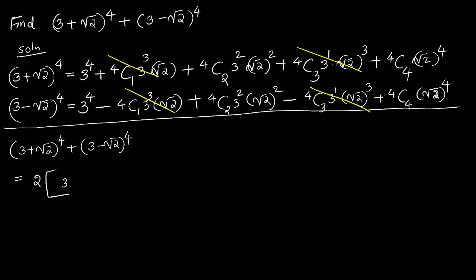2 is taken outside. 4C2 into this plus 4C2 into this, 2 times: 4C2 3 square into root 2 square. 4C4 into this plus 4C4 into this, 2 times. 2 is taken out: 4C4 root 2 raised to 4.